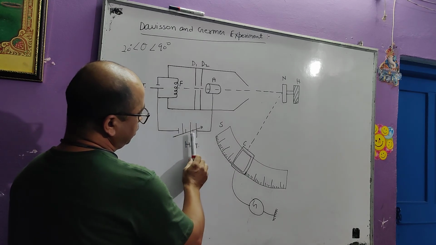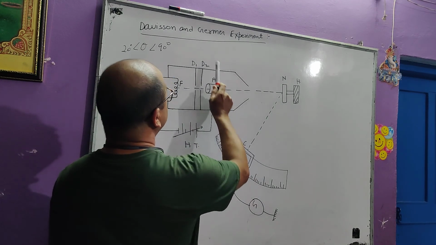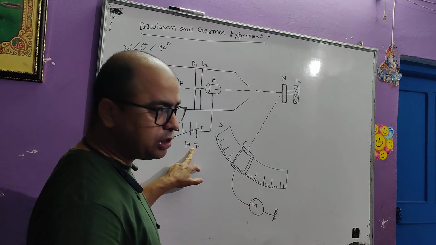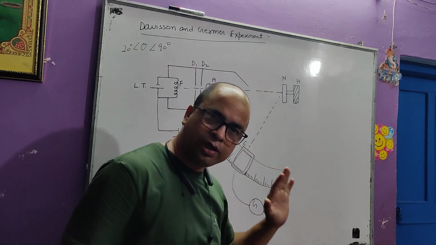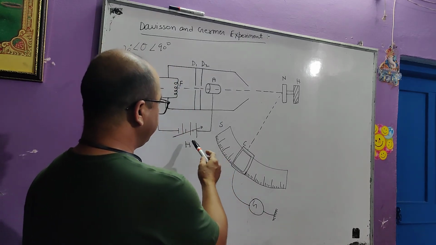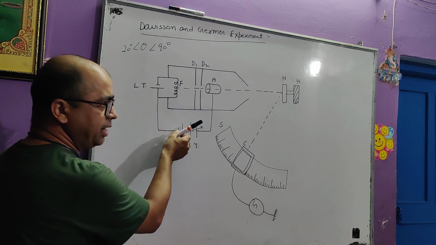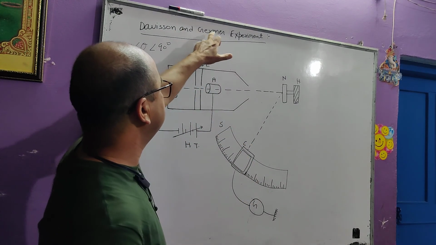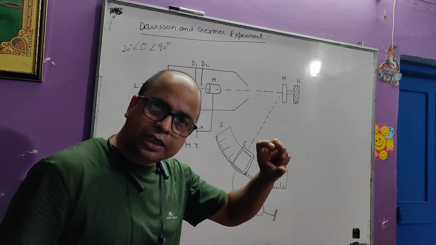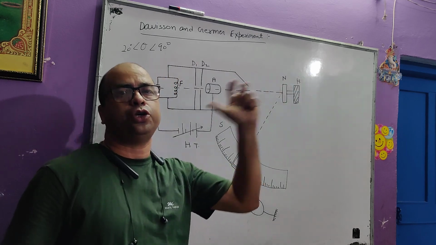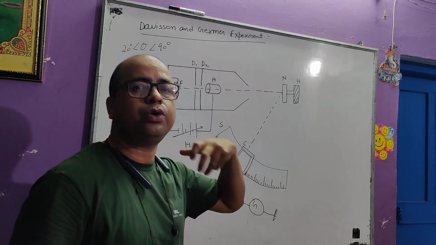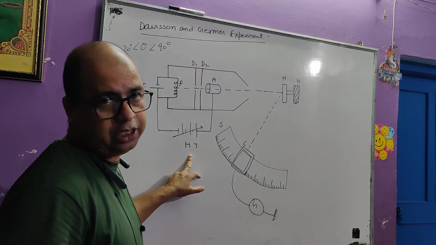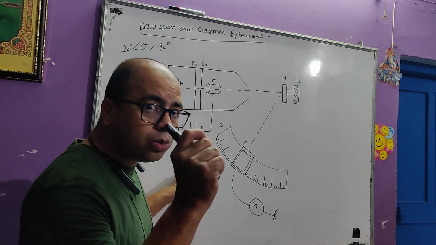When the potential of the high tension battery was gradually increased from 0 onwards, Davisson and Germer found that the intensity of the electron beam, that is, the current, increases with the increase in potential up to a particular potential.